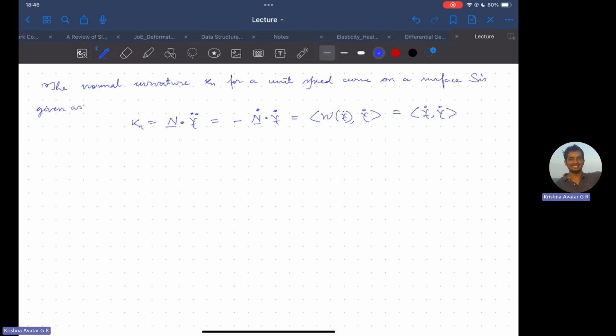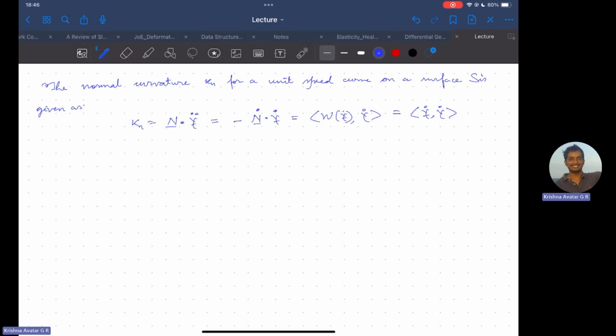And this is a special inner product, right? It's defined with respect to the basis of the tangent plane itself. So it's not a normal inner product, not the usual one that we know.